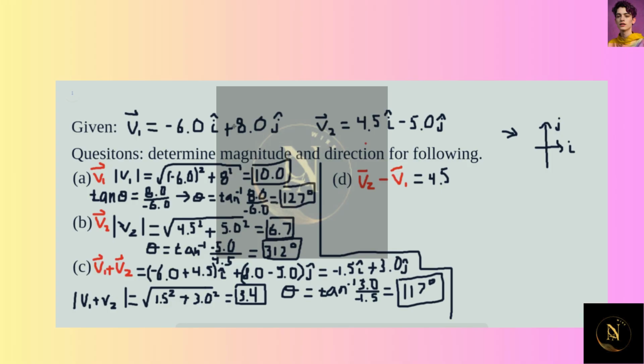Well, what's going on in the I hat direction in V1? It's 6.0, so it says minus 6.0, right? And this is all in the I hat direction. And then we are going to add to that what's going on in the J hat direction.